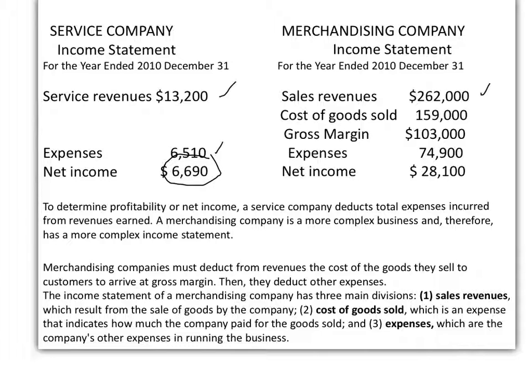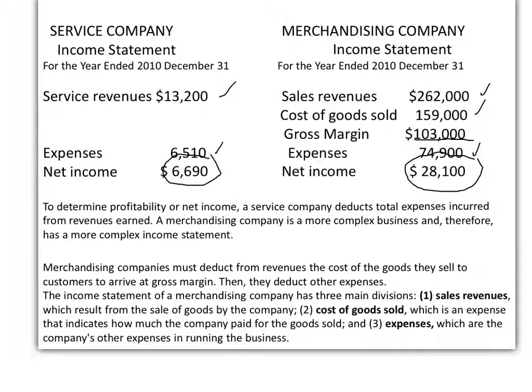Now, they've purchased this merchandise, so one of the major expenses for a merchandise company is the cost of goods sold. And so we match the cost of goods sold against the sales revenue, and we introduce a new term, which is called gross profit or gross margin. And from gross margin then we deduct operating expenses to come up with the net income.